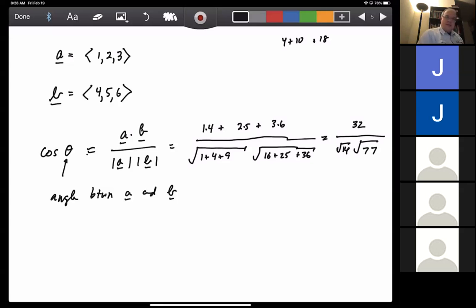All right, so assuming I did my arithmetic correctly, this beautiful number is the cosine of the angle between the vectors, and we could work out the actual angle by taking the arc cosine, or the cosine inverse.